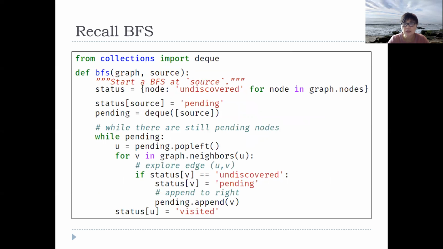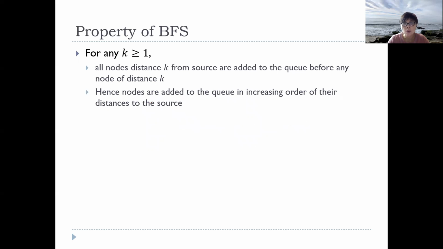More precisely, the BFS algorithm guarantees that, through the execution of the algorithm, for any integer k, any nodes at a distance k from the source are going to be added to the queue before any nodes of distance bigger than k.